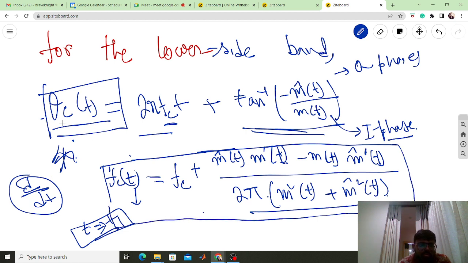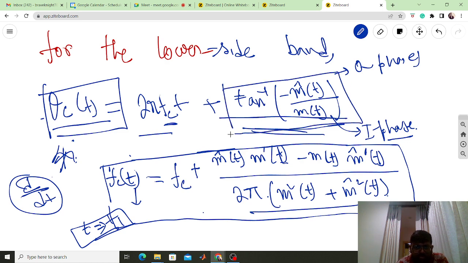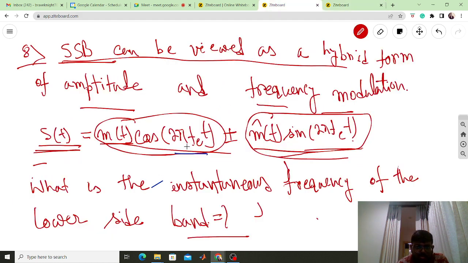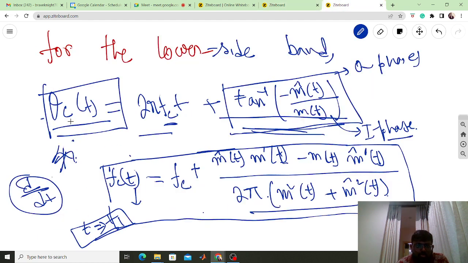What we did, we first generated the phase, that is 2 pi fct plus some phase for the I term and Q term. We can write the phase of this signal in this way. Then we differentiate this phase with respect to time to get the frequency, right? So we got the frequency as a function of t.